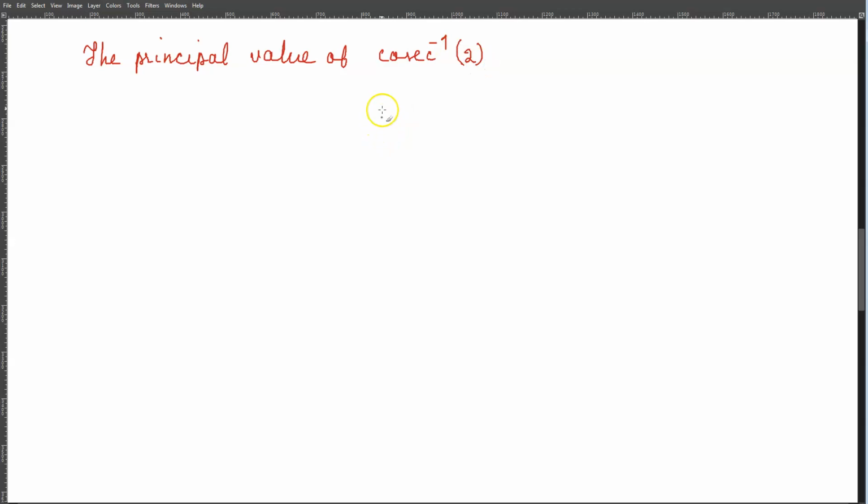Now, if I write the cosecant inverse of 2 as equal to y, then that means that the cosecant of y is equal to 2. You need to know what angle you need to have so that the cosecant of that angle is equal to 2.